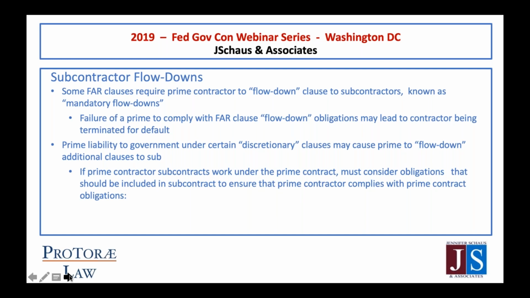Now, there may be an issue about a relationship a prime contractor may have with an entity that may be a 1099 or a vendor or another type of entity, and whether or not that particular organization really is a sub that really needs to have that flow down clause in that contract.